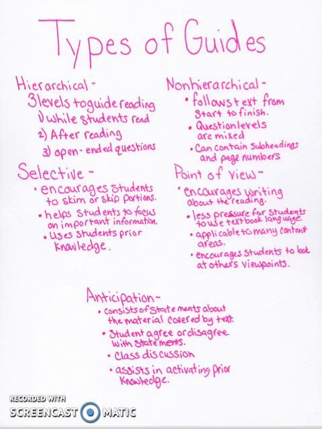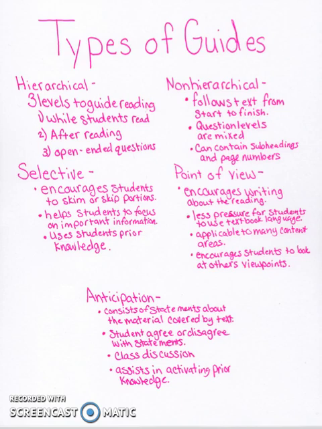There is the hierarchical, which has 3 levels to guide reading. It's while students read, after reading, and then those open-ended questions that get them really thinking about what they've read. The non-hierarchical follows the text from start to finish. So question 1 is going to be at the start of the text, and the last question will be at the end of the text. So they're not mixed up like they would be in the hierarchical.